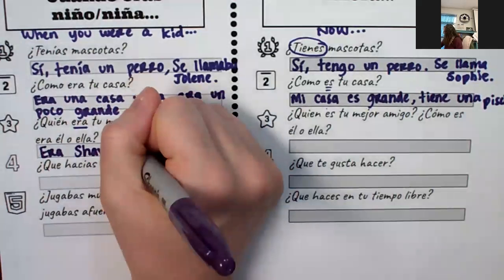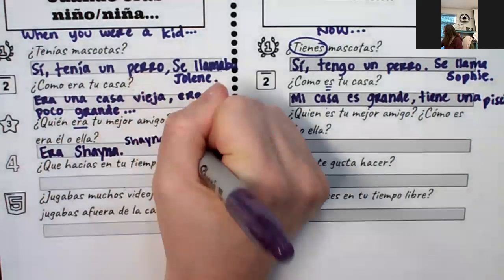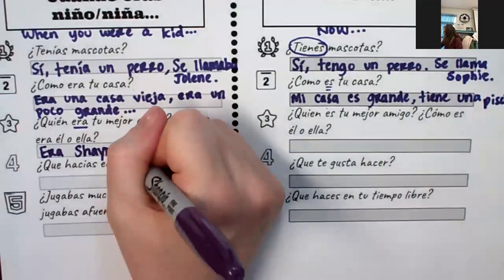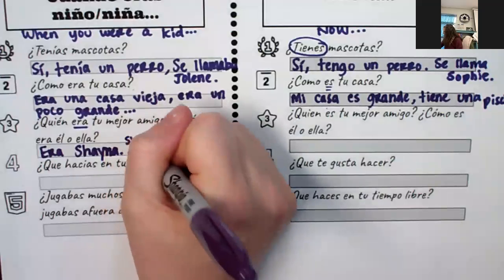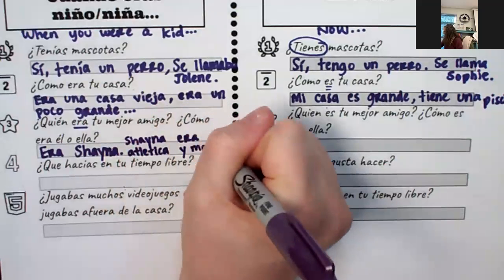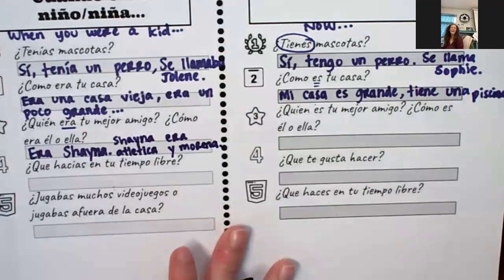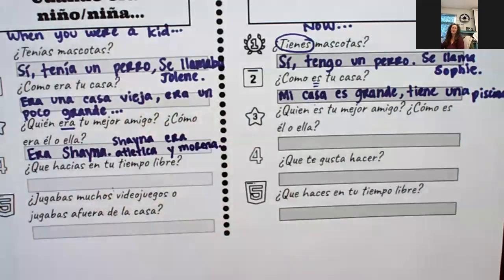So I'd say Shayna era atlética y morena. So she was very athletic and she had brown hair. She had a dark complexion.